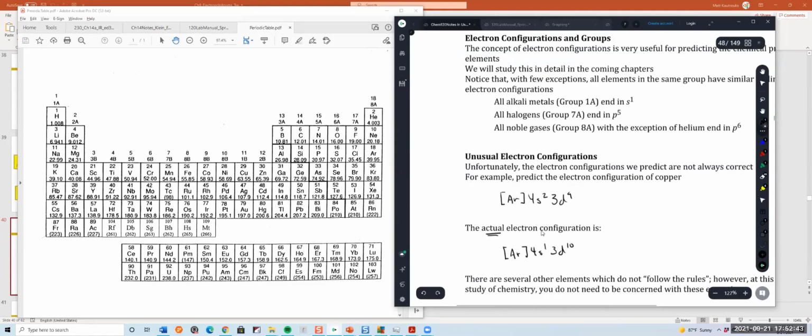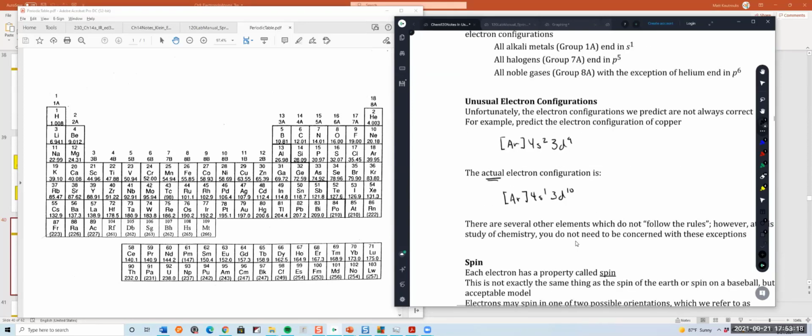And it turns out that 4s and 3d are very, very close in energy. So it just is less energy if you push this electron from 4s to 3d. The actual reason is because half-filled shells and subshells and completely filled subshells are more stable. In this configuration, this one's half full, this one's completely full, and that's why we think that's more stable. The calculations basically tell us so.